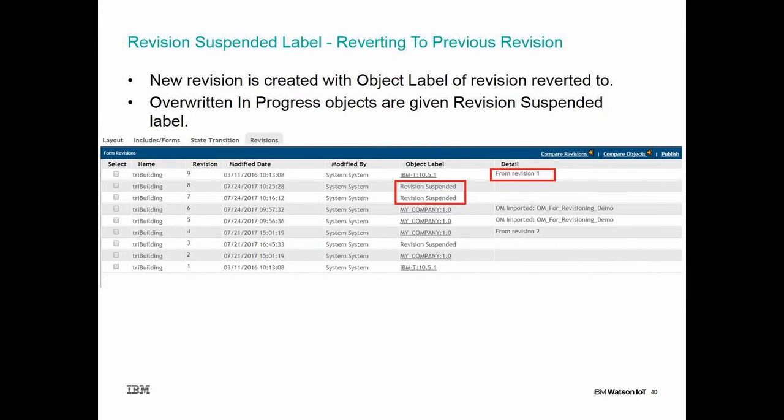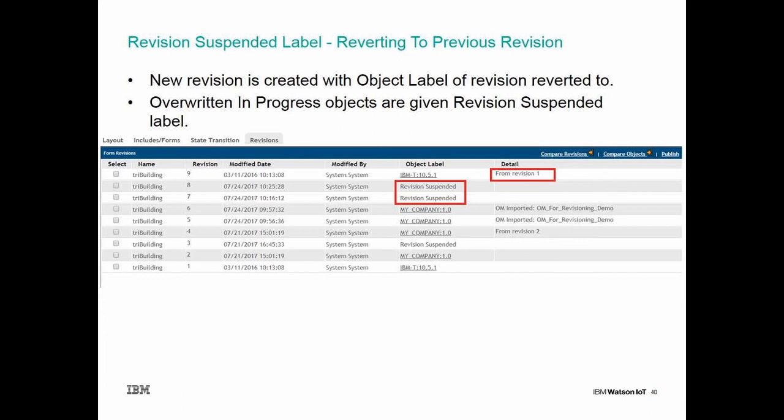So before I go into a demo of this, this slide basically shows the end result of a reverted object. You can see revisions 8 and 7 have the revision suspended label. So essentially prior to reverting to revision 1, these objects both had the in progress label.